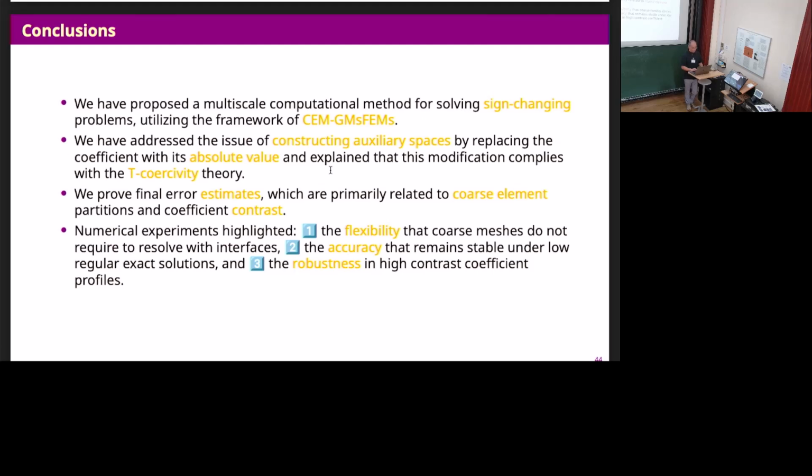We construct the local eigenfunctions in a suitable way, and in order to show robustness and convergence, we make use of some ideas from T-coercivity theory. The resulting method is robust with respect to the contrast and oscillations in the coefficient.